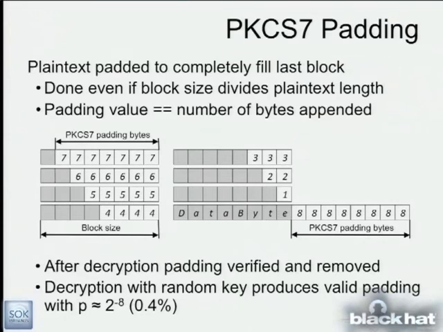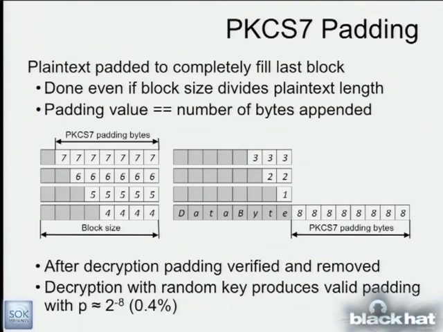So you can see on the screen, in the first example, the gray area is the plain text data which we want to encrypt. And the number 7, for example, in the first line, are the padding bytes. Each byte has a value of 7, and we have 7 of them. So this is how it works.